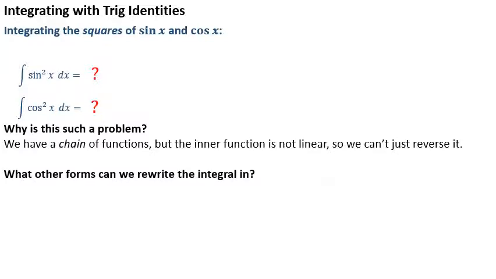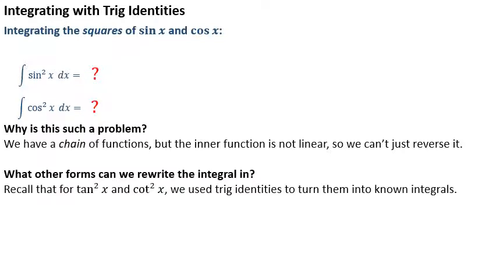So the next question is, can we rewrite this integral in any other form? And the most sensible toolkit we have at our disposal here is trigonometric identities. For tan squared and cot squared, if you remember on the last slide, we were able to convert tan squared into something involving sec squared, which appears in the tables, and cot squared was able to be converted into something involving cosec squared, which also appears in the tables.